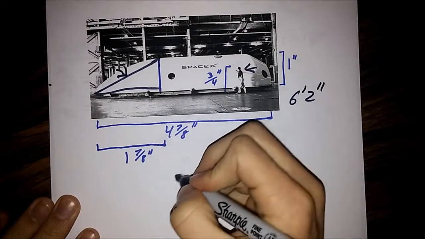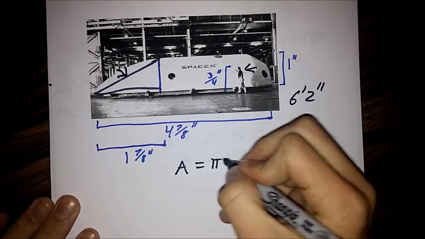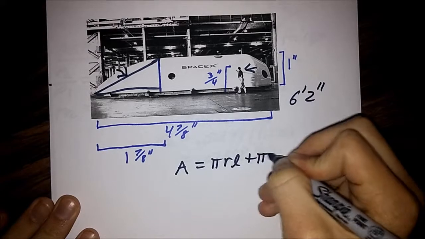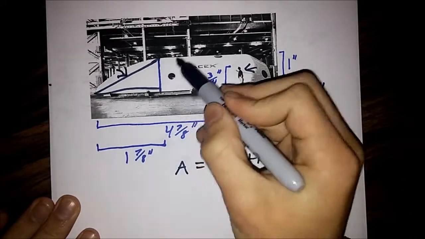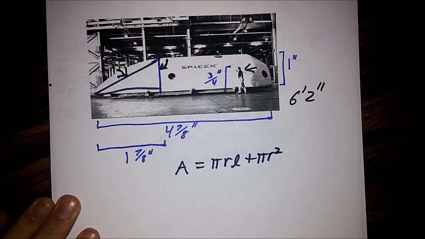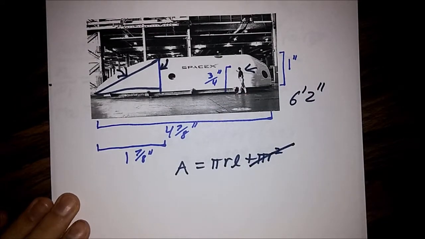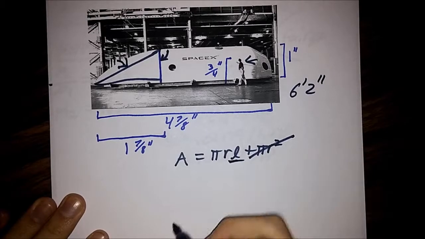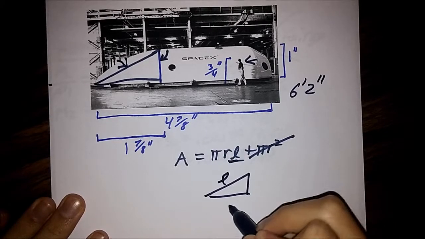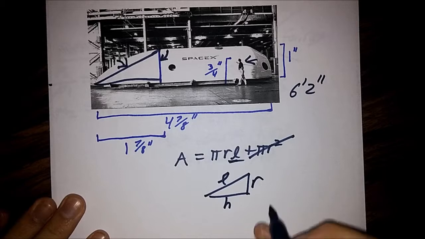So if we're measuring it as a cone, then the surface area is equal to pi r L plus pi r squared. Now pi r squared is for this back end, and since that is not going to be wetted area, we don't need to calculate that at all. So all we need is this length. Now L will be this length, and this will be r and h.